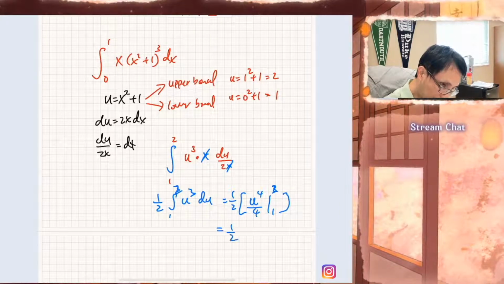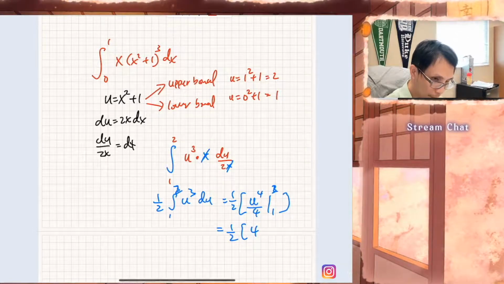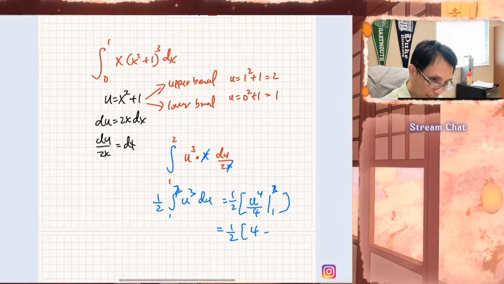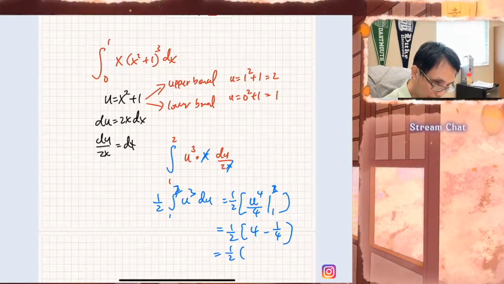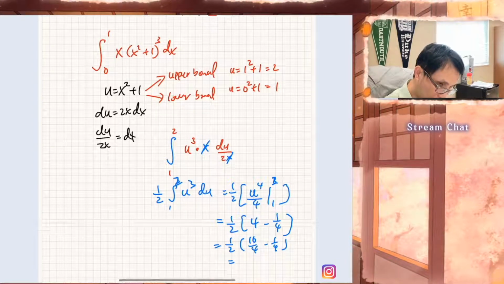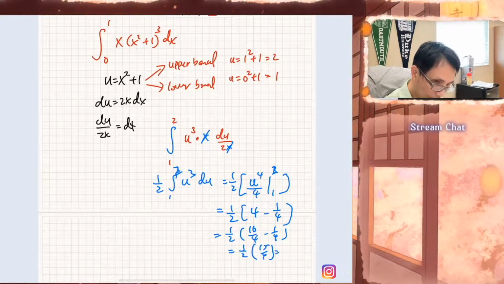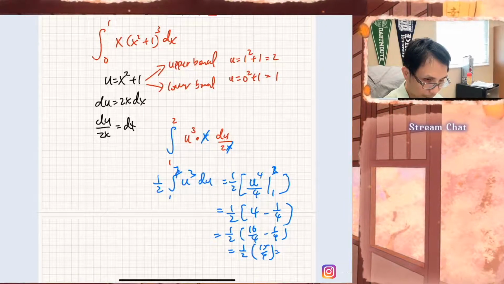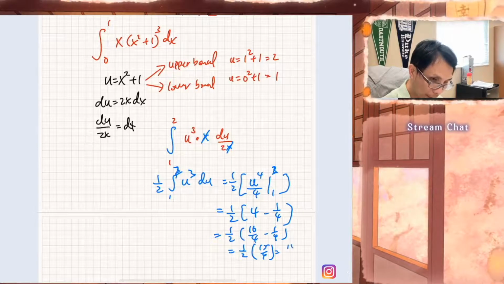So that's equal to 1/2 times, u to the 4th, 2 to the 4th is 16, 16 over 4 is 4, minus 1/4. So 1/2 times 16 over 4 minus 1/4 is equal to 1/2 times 15 over 4. So it's 15 over 8.